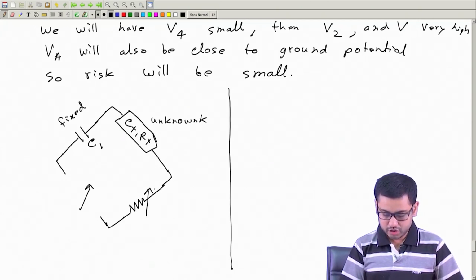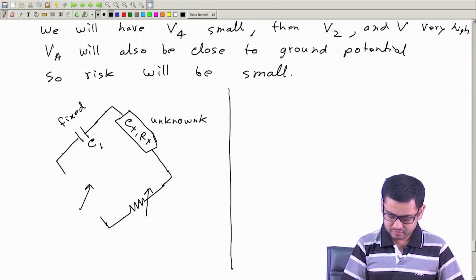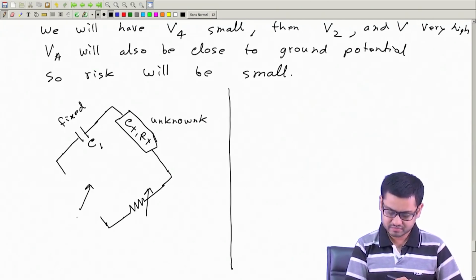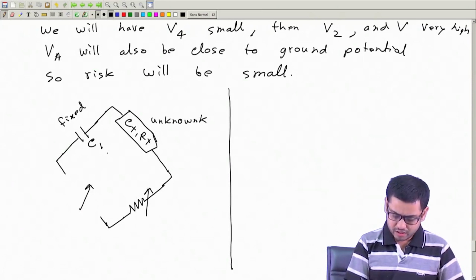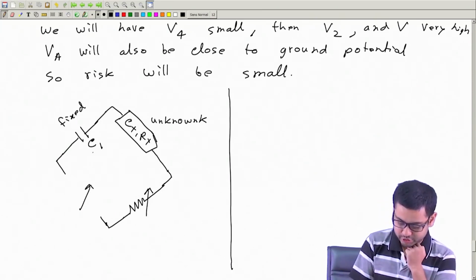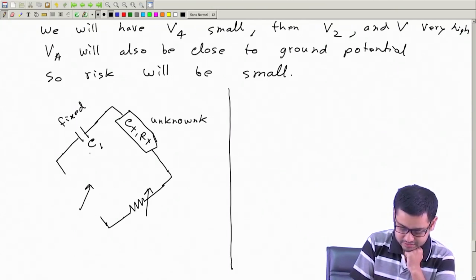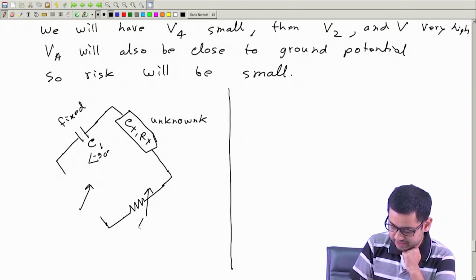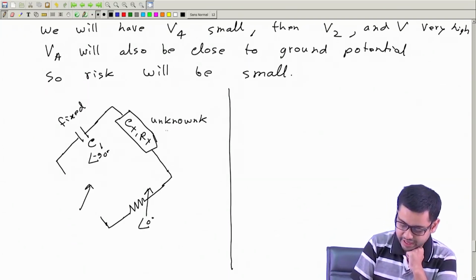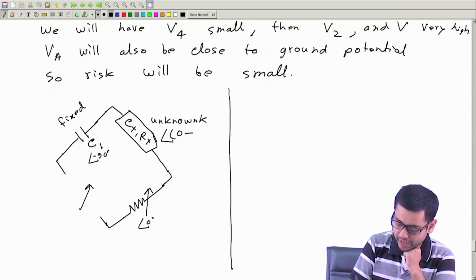So, what can we put here? This angle is 90 degree minus, this angle is always 0 degree. This angle is somewhere between 0 and minus 90.